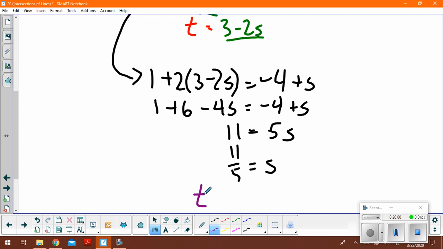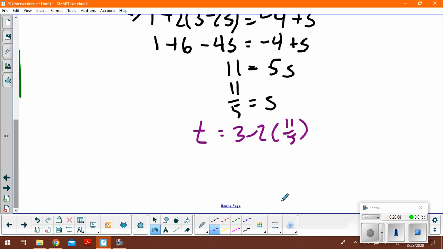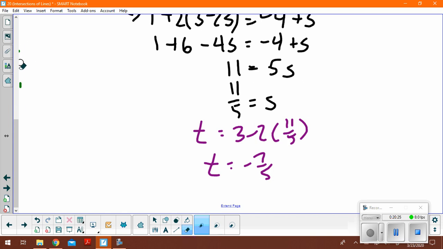So t equals 3 minus 2 times 11 over 5, that would be 15 over 5 minus 22 over 5, so minus 7 over 5. So there's my value of s and t.